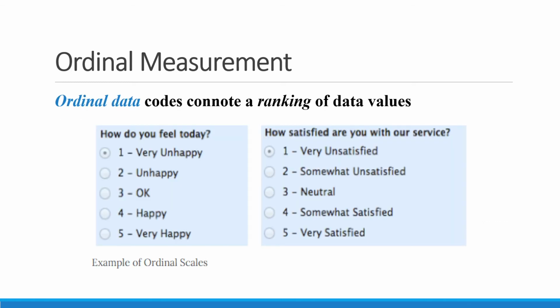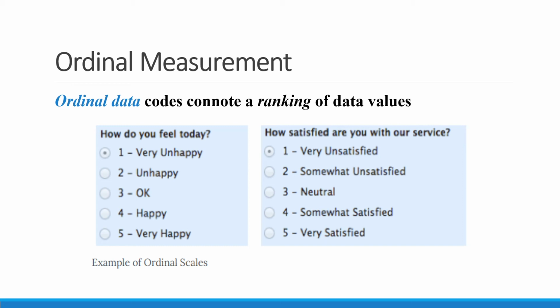The second measurement is called ordinal measurement. In this type of measurement, there are codes or ranking of data. For example, if we have a question, how do you feel today?